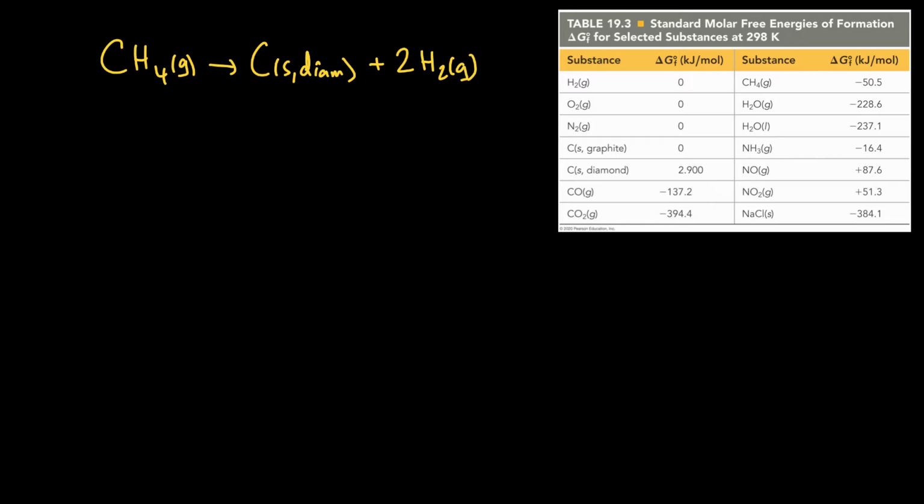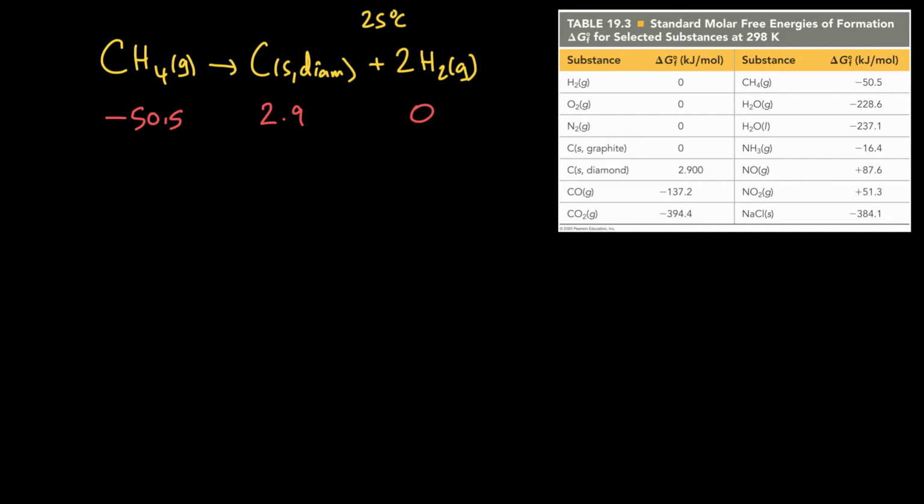Now, the only thing is this table over here is at 25 degrees C, so to use it, we really have to be at 25. We've got to look up the standard Gibbs energy of formation of all of these. Elements are 0, right? Doesn't cost any energy or enthalpy or free energy to make an element from an element. Diamond is positive 2.9, and methane is negative 50.5 kilojoules per mole.